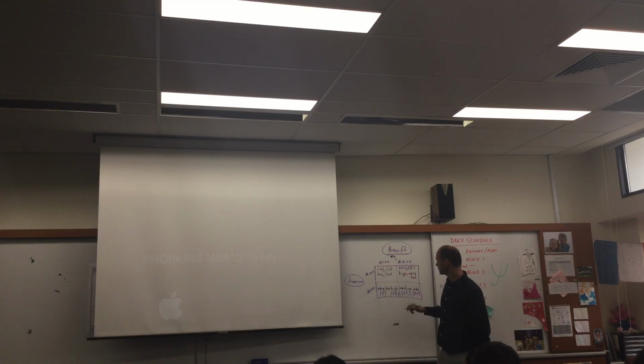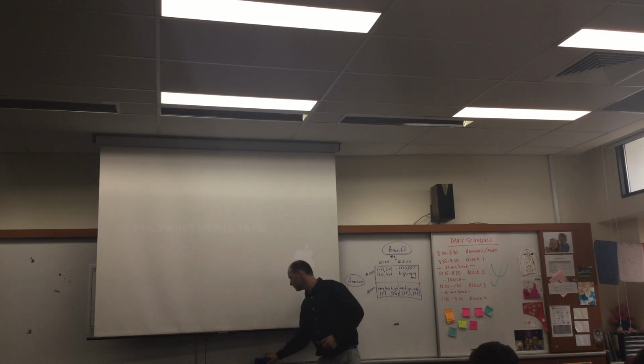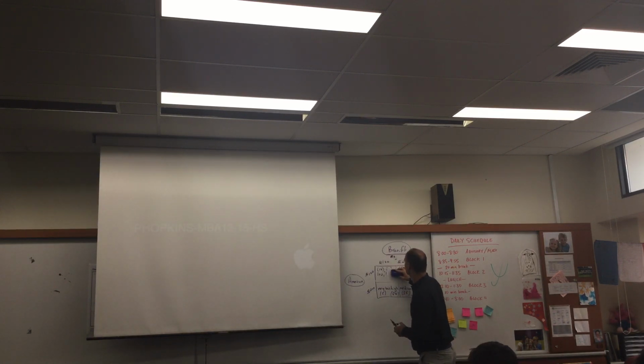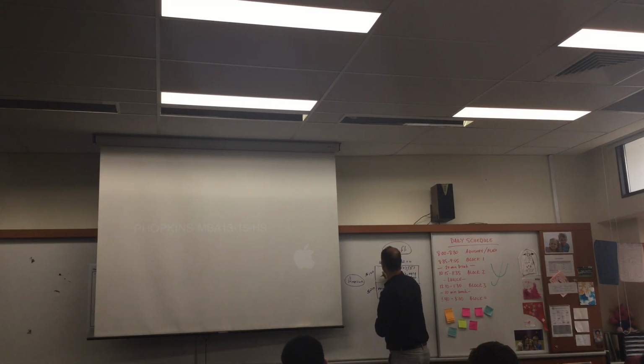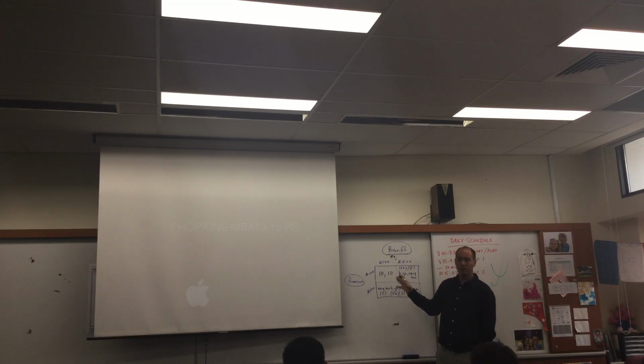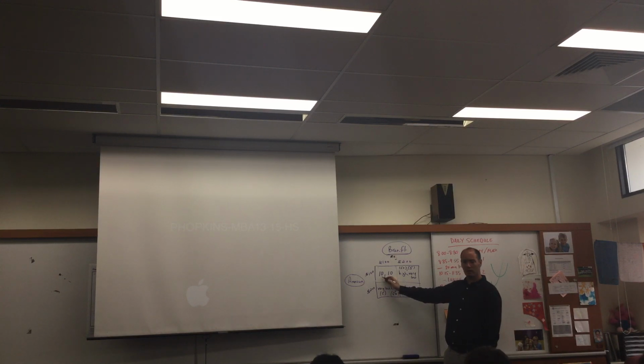Let me clean it up so it's clear. That's $10 and $10. When you see a matrix like this, or if you draw a matrix like this, the payoffs go like this.